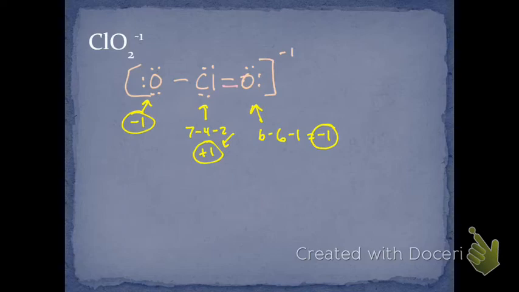But remember, chlorine is in period 3, or maybe past period 3, and so it can handle having an extra outside an octet. So let's take a look at this real quick. We now have something that looks like this.